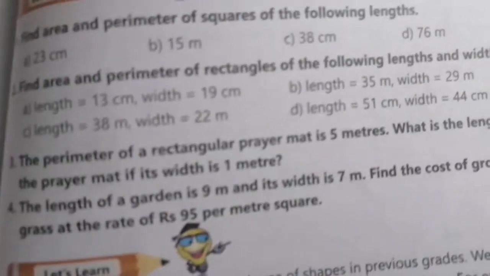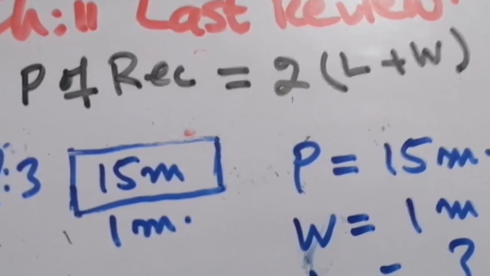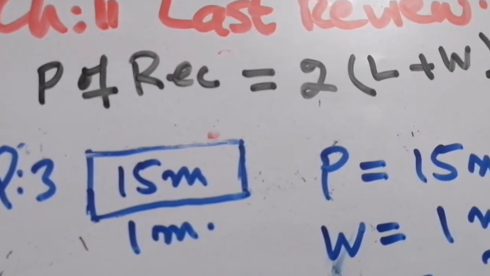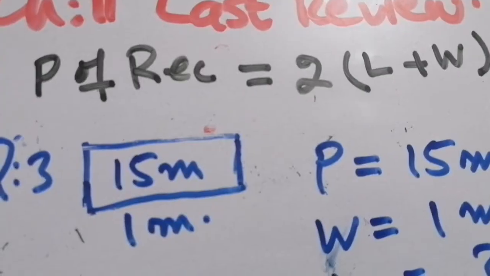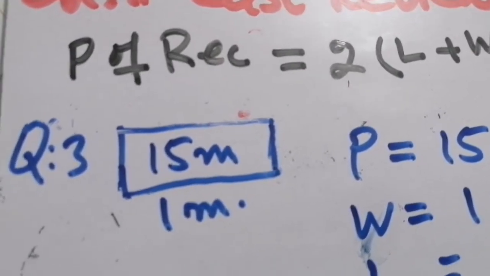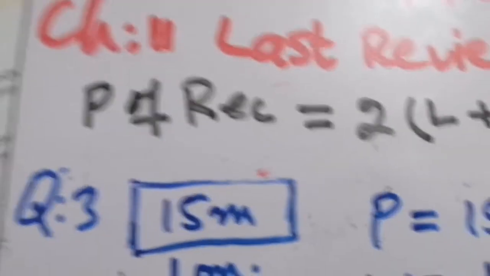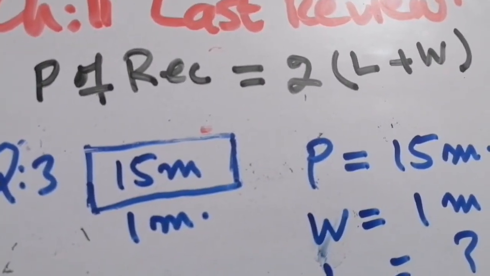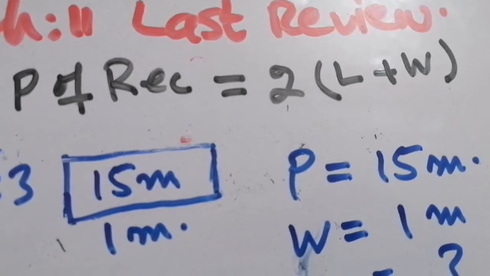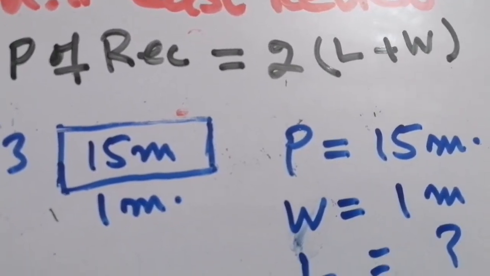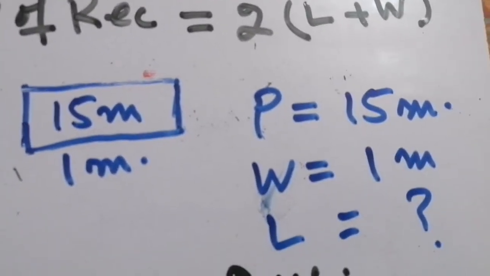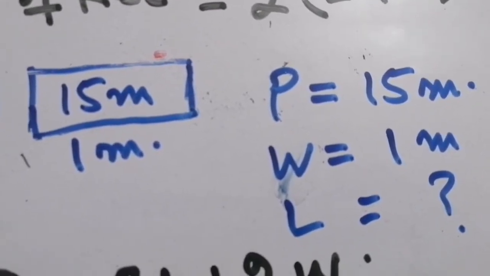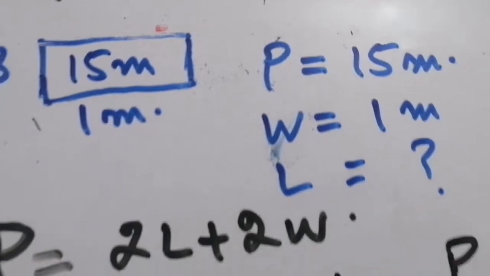So let's see how we can find out. As we know, the perimeter of a rectangle is 2 into length plus width. So the perimeter is given as 15 meters. The width is equal to 1 meter, and we have to find out the length.